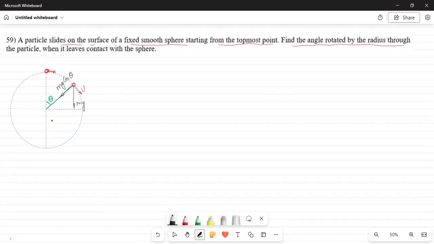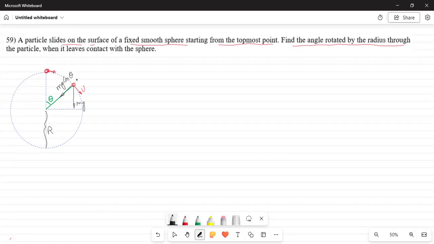Now let us consider this is r. Radius of the circle is r. Then, interestingly, the method is the same.